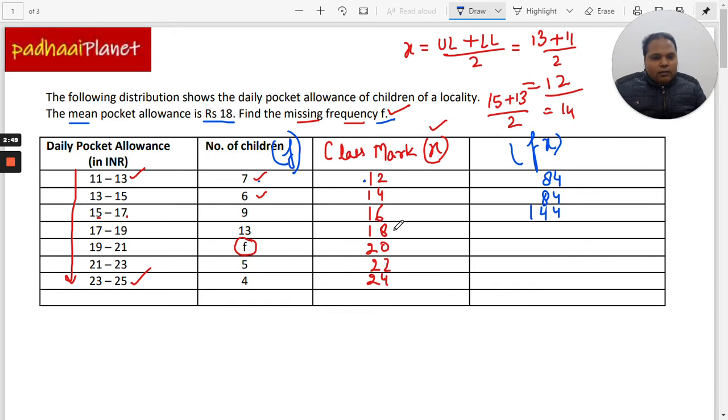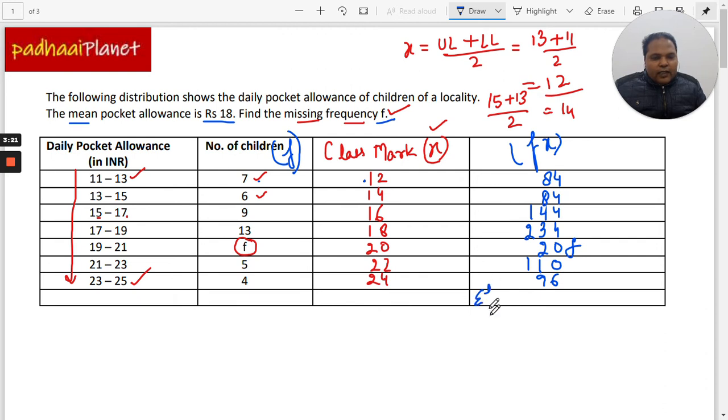Then 13 multiplied by 18 is 234. Then we can write 20 multiplied by f is equal to 20f. Then 5 multiplied by 22 is 110. And now this one is going to be 96.